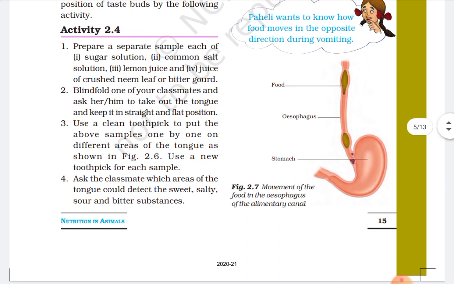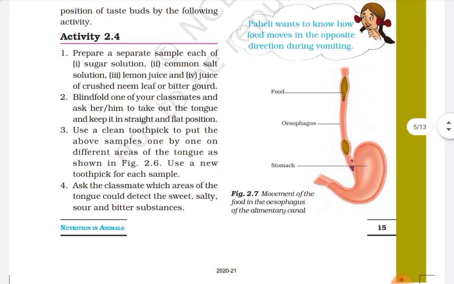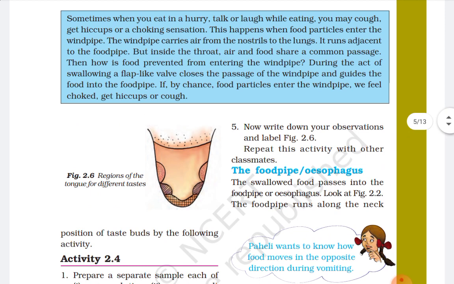Use a clean toothpick to put the samples one by one on different areas of the tongue. Use a new toothpick for each sample. Ask which areas of the tongue could detect sweet, salt, sour and bitter substances. Now write down your observation and label figure 2.6.